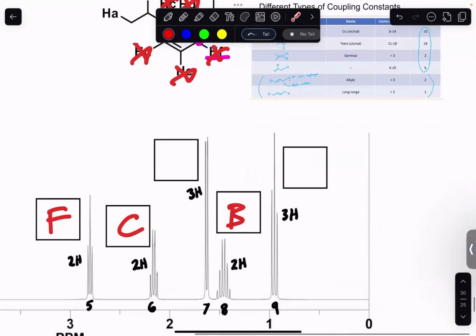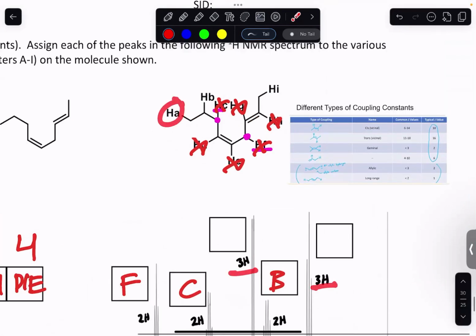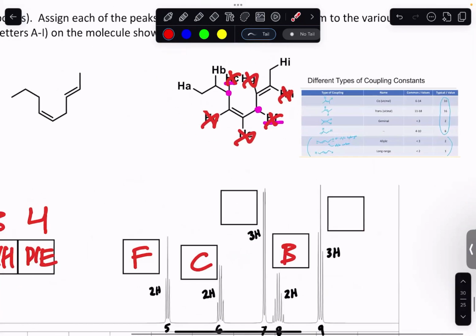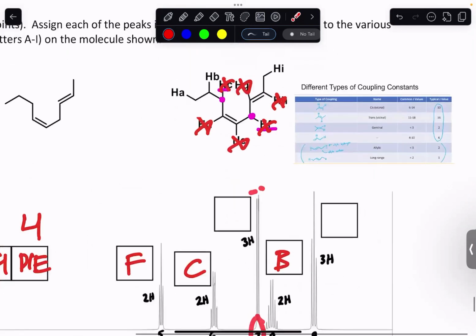So now we have 2 remaining peaks left, 3H and 3H, which are A and I. To tell the difference, we look at the number of neighbors. Let's look at peak 7. Peak 7 has 1 neighbor, and which one only has 1 neighbor, A or I?